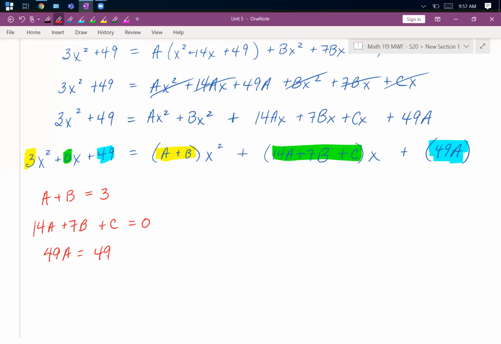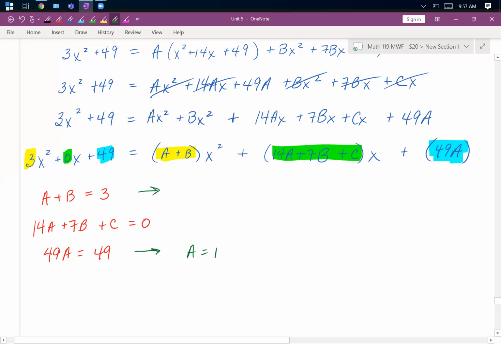I think this is actually the hardest part of the whole thing, because sometimes we get these systems of maybe 4 equations and 4 variables that can be tough to solve. But this one's nice. So from our bottom equation, we can get that a is equal to 1.